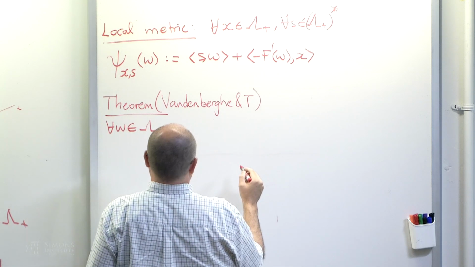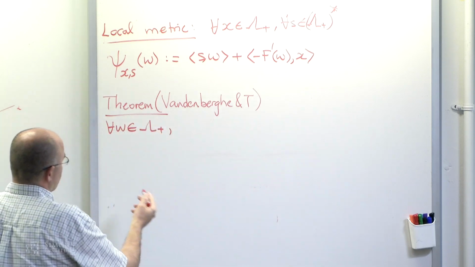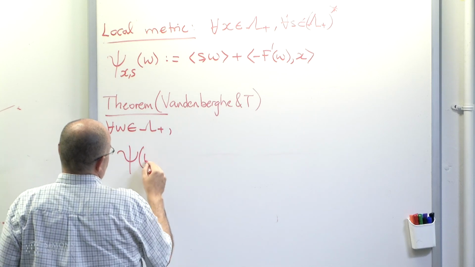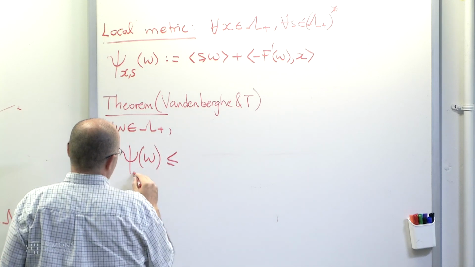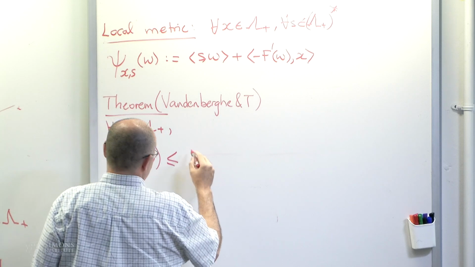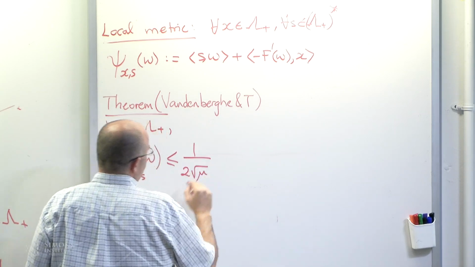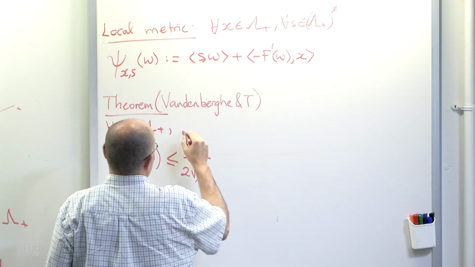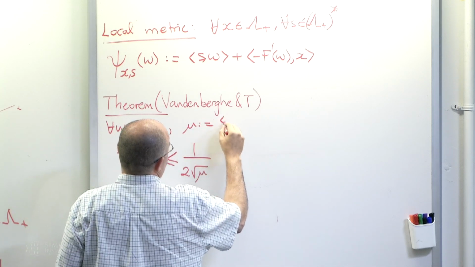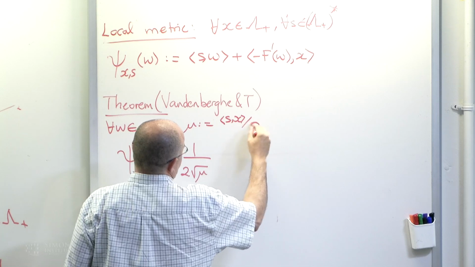So how should I do it? Well, let me just write the upper bound first. So this is upper bounded by 1 over 2 squared of mu. So let's define mu to be s x over theta like we did.